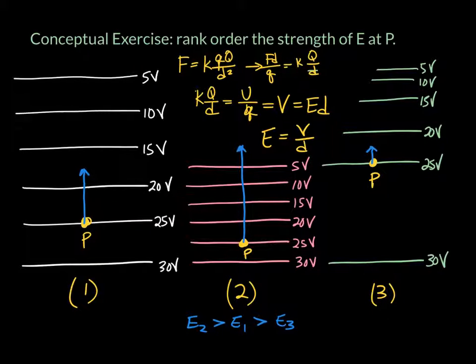In situation 2, it only takes half the distance to go 5 volts as it does in situation 1. And in situation 3, it takes 3 times what it is in situation 1 to go 5 volts. So you have a less intense field by those measures.